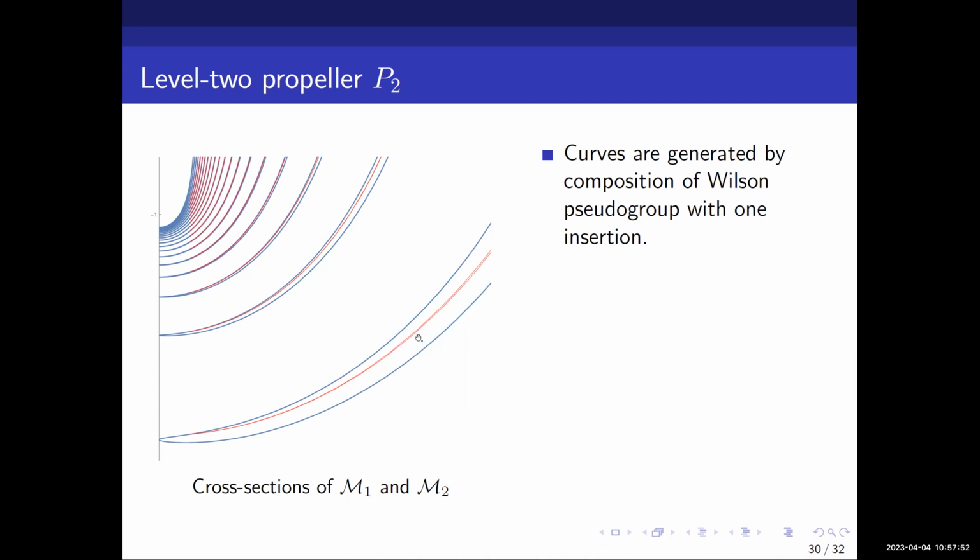What you should imagine is that inside each one of these blue curves, which are collecting on the periodic orbit, there are infinitely many red curves that are collecting on this point, and collecting on this point, and so on.